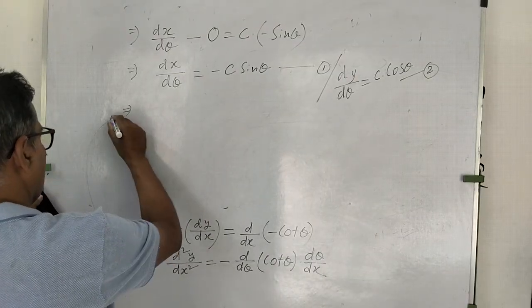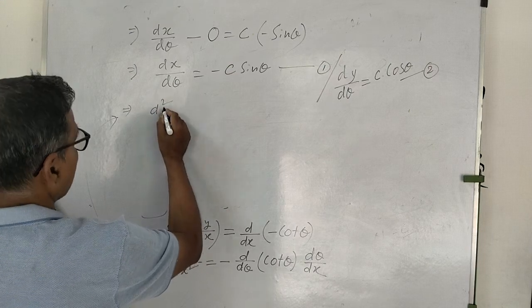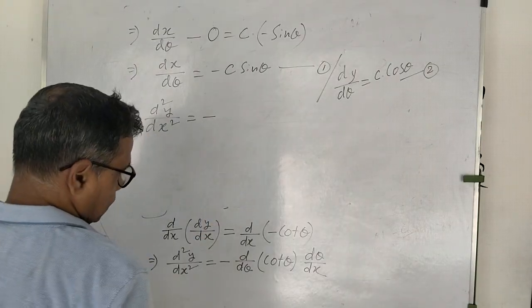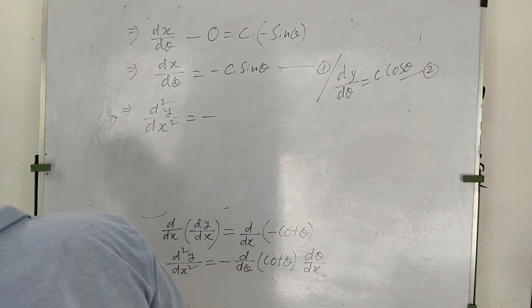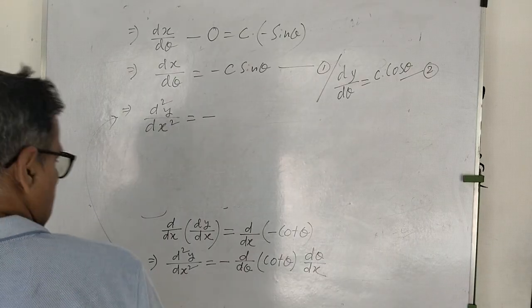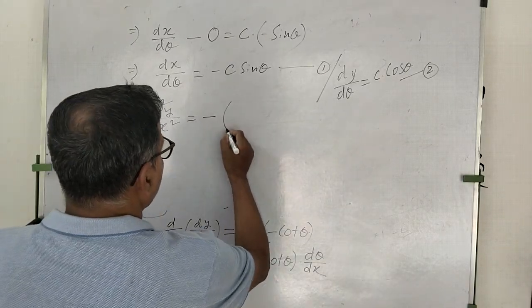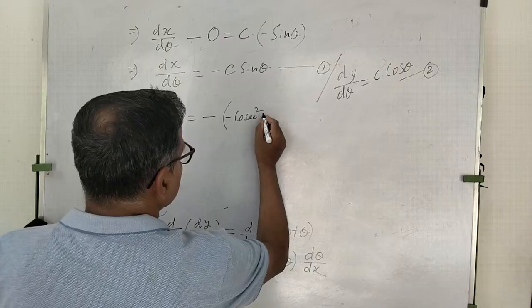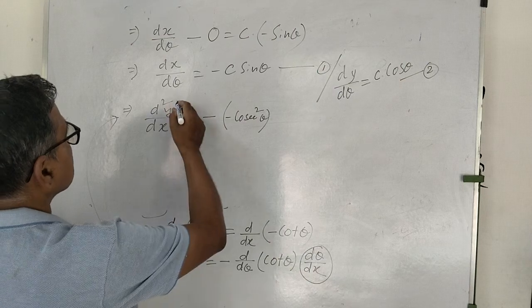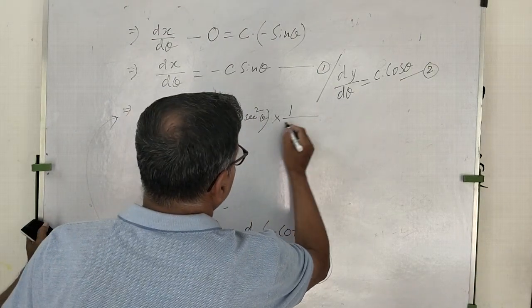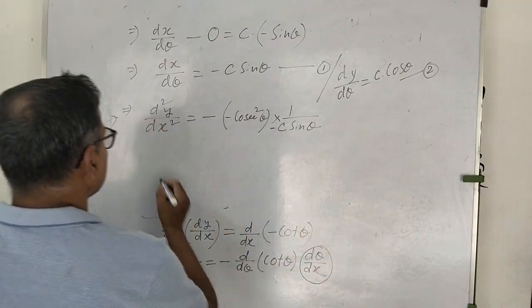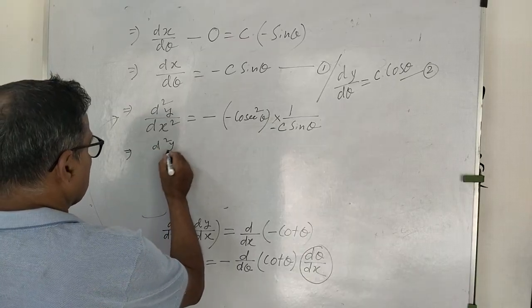This implies d²y/dx² equals minus d/dθ of cot θ, which we know is −cosec² θ, times dθ/dx, which is 1 by (−c sin θ).